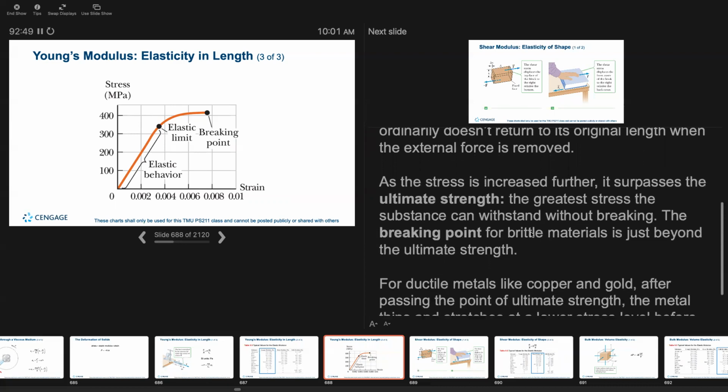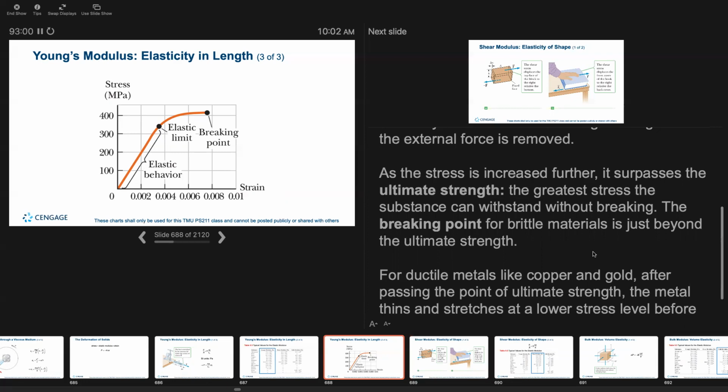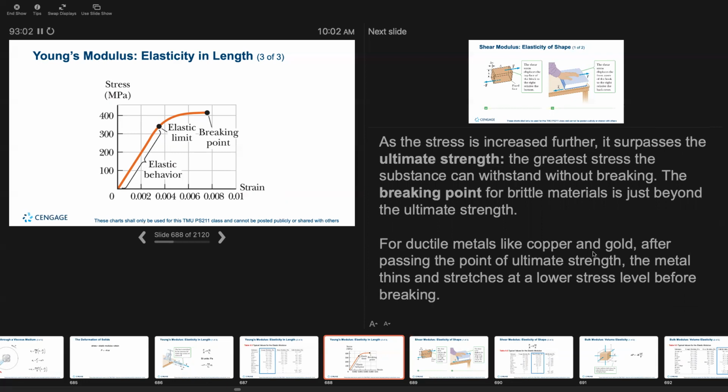As the stress increases further, it surpasses the ultimate strength, the greatest stress the substance can withstand without breaking. The breaking point for brittle materials is just beyond the ultimate strength. For a ductile metal like copper and gold, after passing the point of ultimate strength, the metal thins and stretches at a lower stress level before breaking.